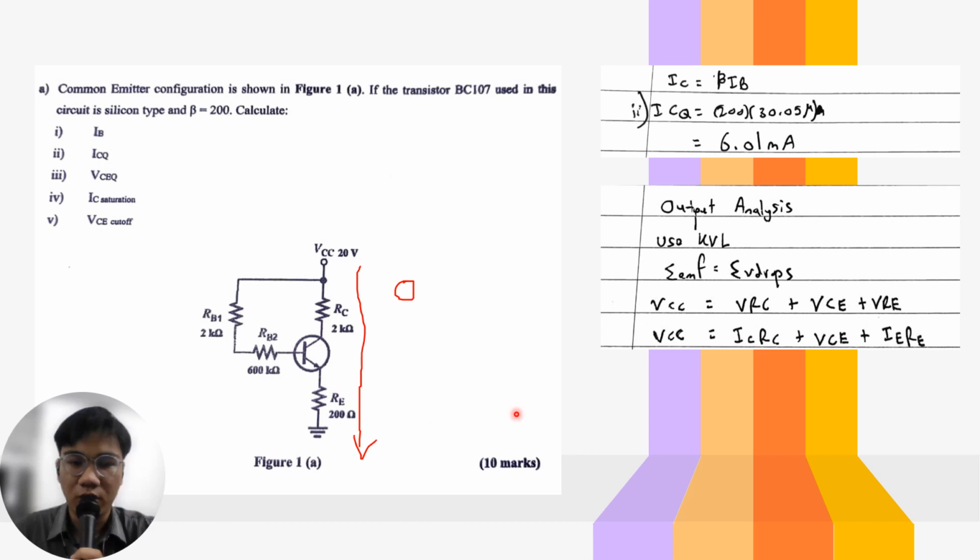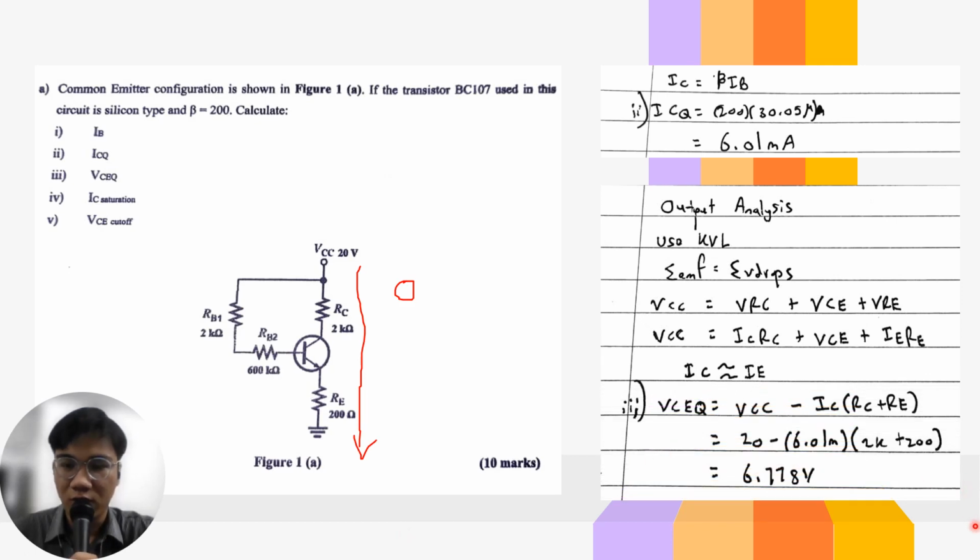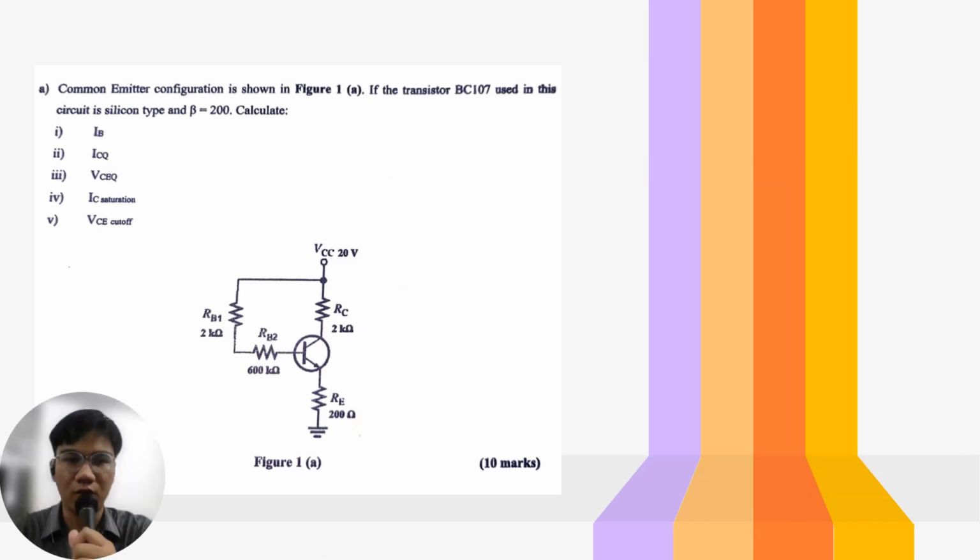Just like the input analysis, we turn the VRC and VRE to IC multiplied with RC and IE multiplied with RE. According to the formula which says IC is equal to IE, we can rearrange the formula until it becomes like this. We just insert the value, and finally the value of VCEQ is 6.778 volt.